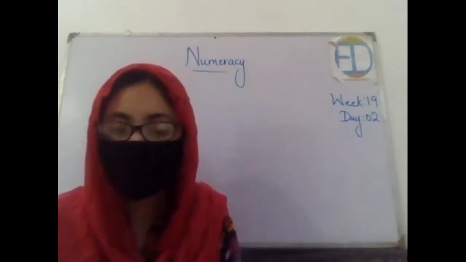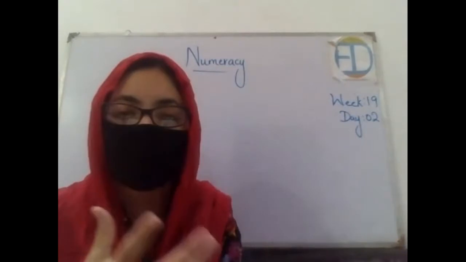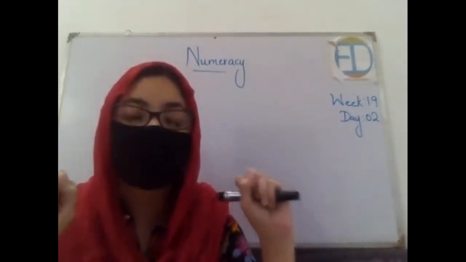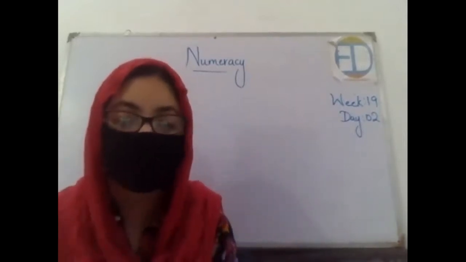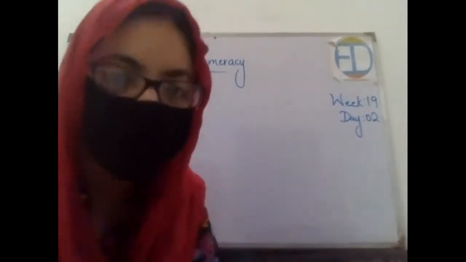So now what is this shape? Can you tell me the name of this shape in which we have two sides of the same length, but those sides are greater in length than the rest of the two sides? What do we call it? Okay, let's draw this on the board.